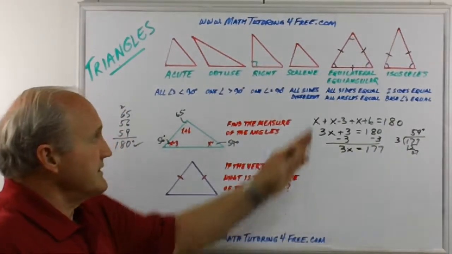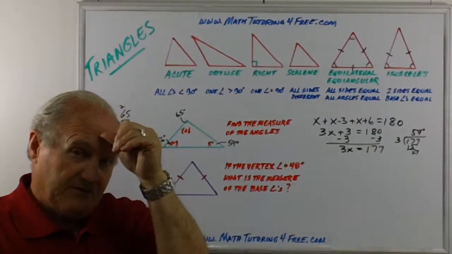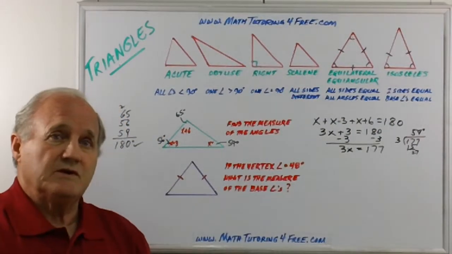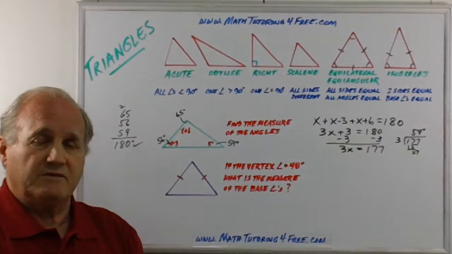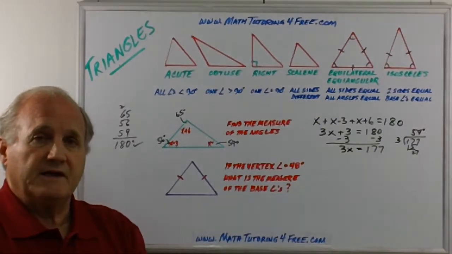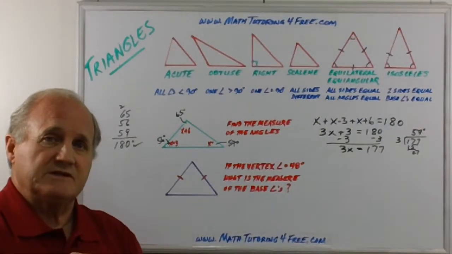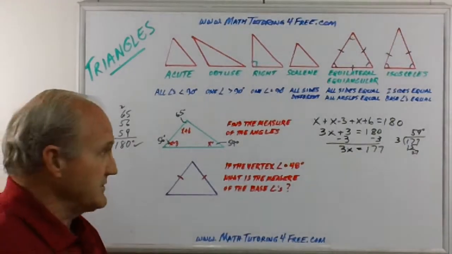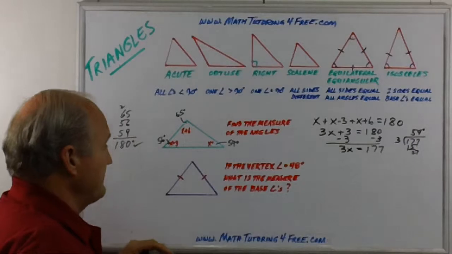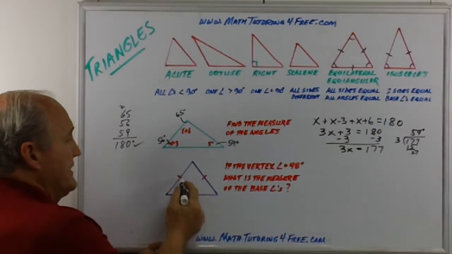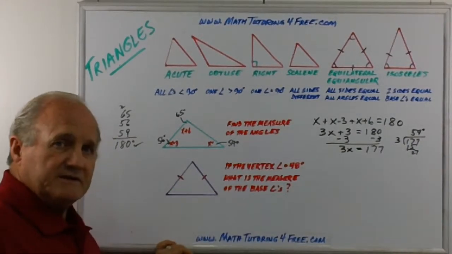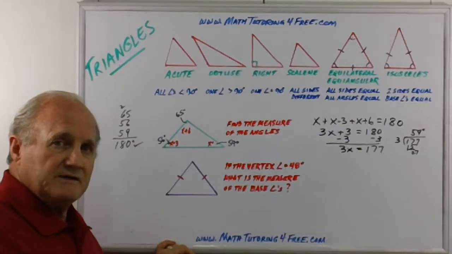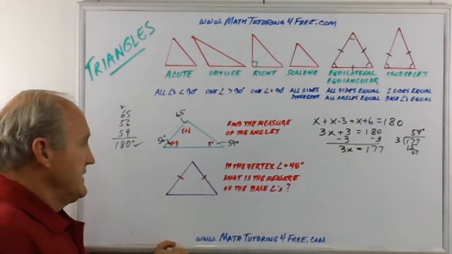I mentioned with the isosceles triangle, isosceles means that two of the three sides are equal. And also, if the two sides are equal, the base angles, the angles opposite those two sides, are also equal. So when we show a triangle with the two hash marks there, that's telling us that those sides are equal to each other.